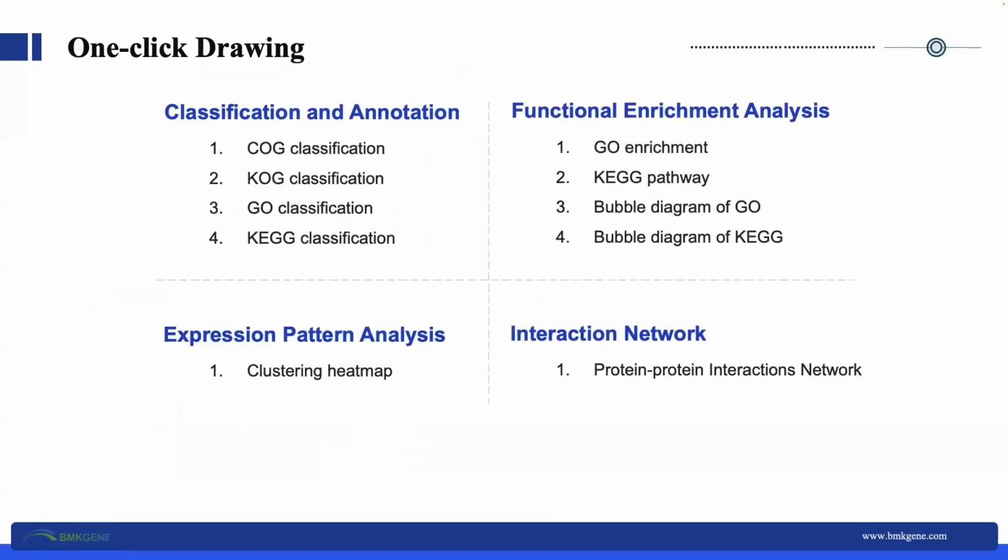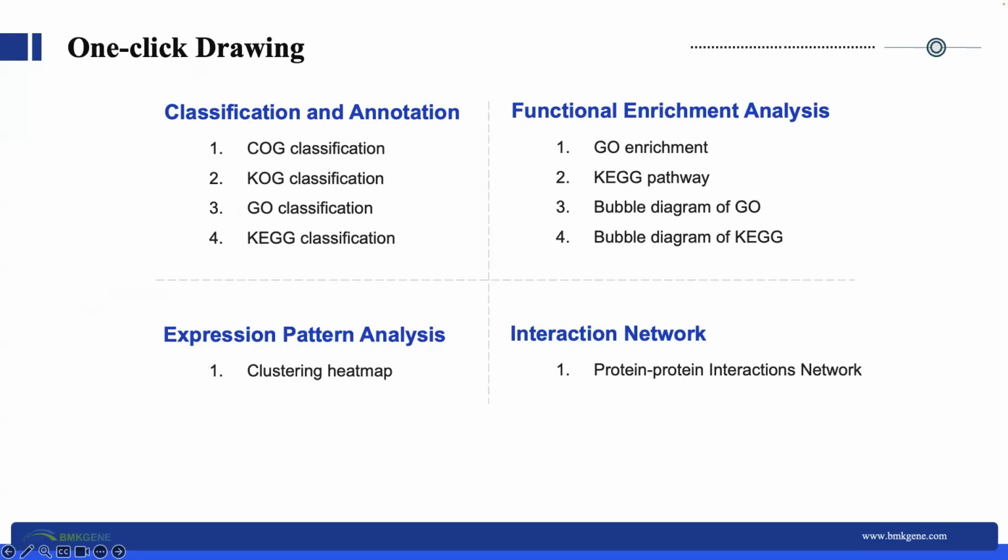You may wonder what kind of images we can get. Here is the detail. You may get 4 types of visualization results. First, you may get classification and annotation results, such as COG, KOG, GO, and KEGG classification images. The next type is visualization results for functional enrichment analysis.